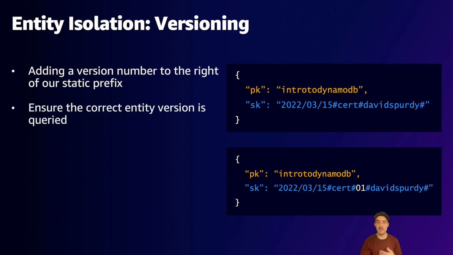It could be really useful to ensure that you're querying the correct entity version. So if you've migrated, you're like, oh, the V1 version of my entity is not really correct. I need to use the V2 version. They might have different shapes.